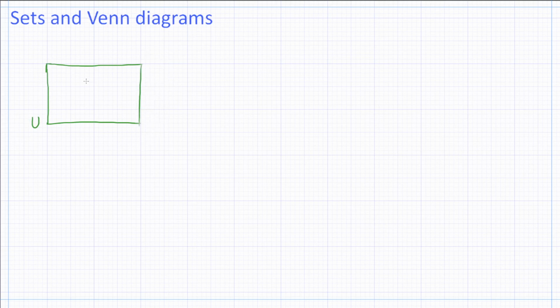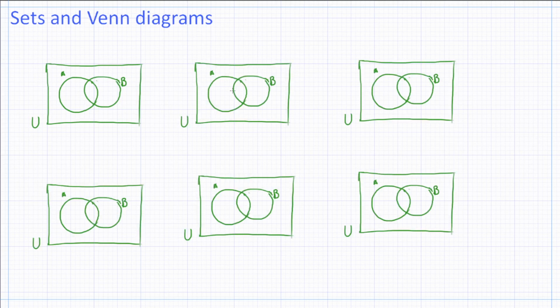And inside we may have set A and set B. Let's just assume we've got two sets inside. Now let's make a copy of this. What if I want to represent just set A?